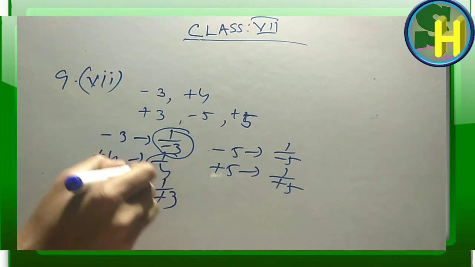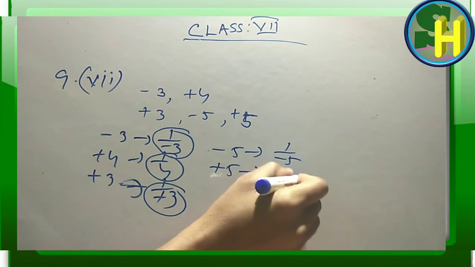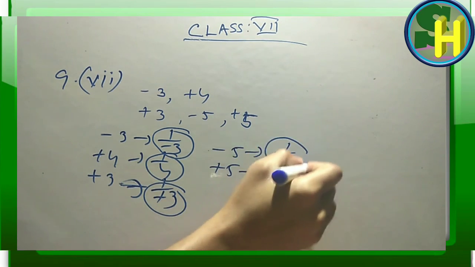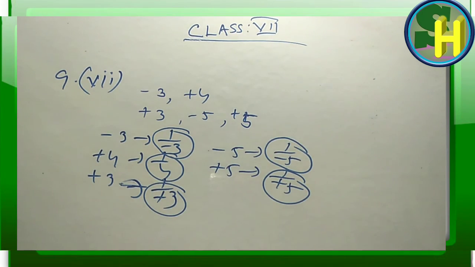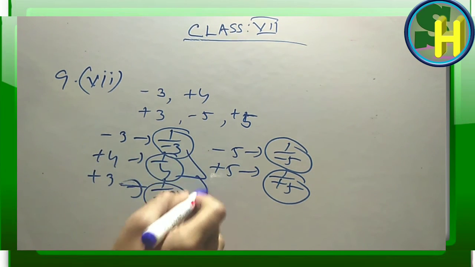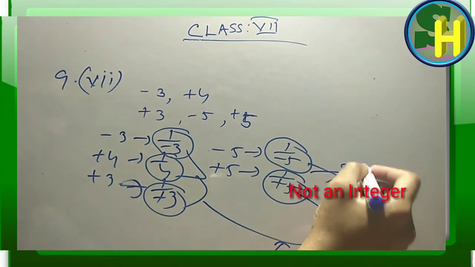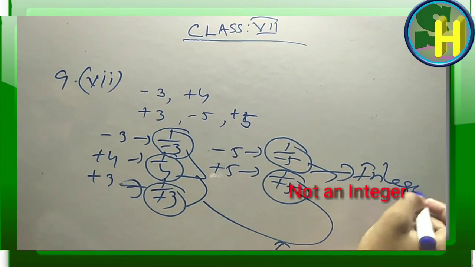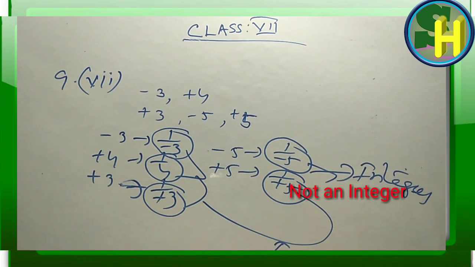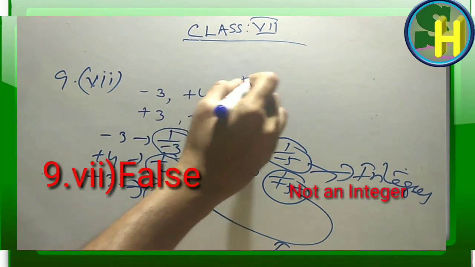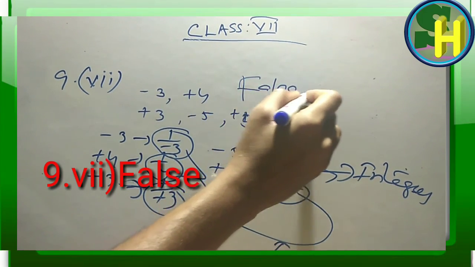All inverses may be rational or fractional. So these are not integers. These are fractions or rational numbers. So this is false.